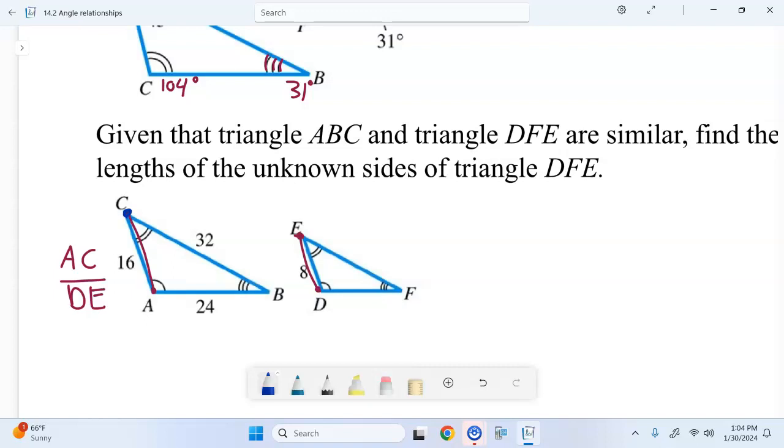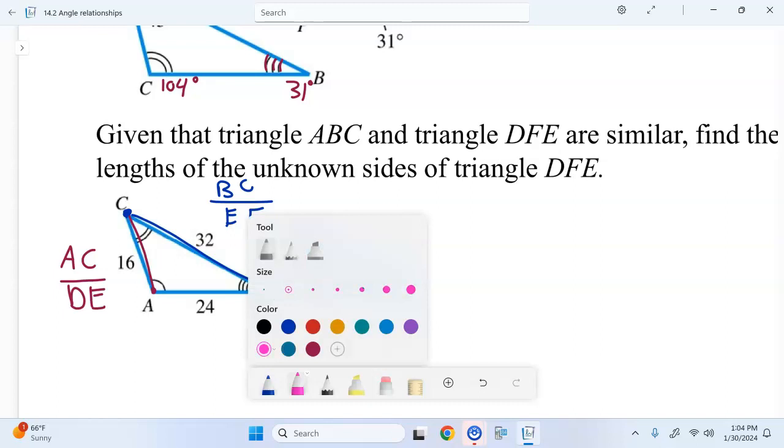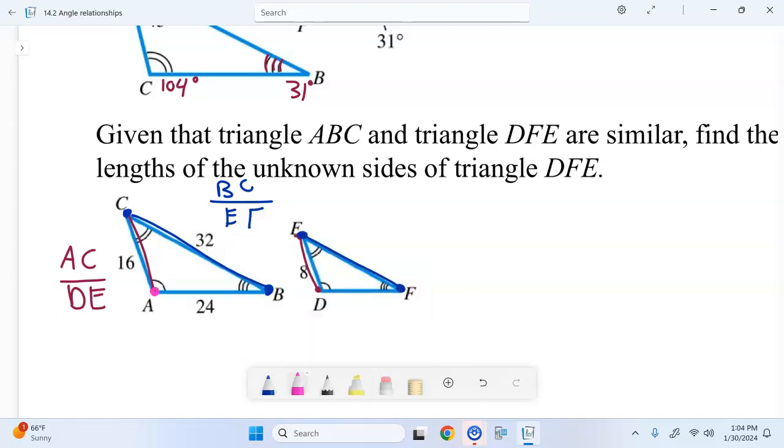So what side corresponds with CB? EF. Those are corresponding sides. So the ratio of BC over EF will be congruent to the ratio of AC over DE. And what side corresponds with AB?